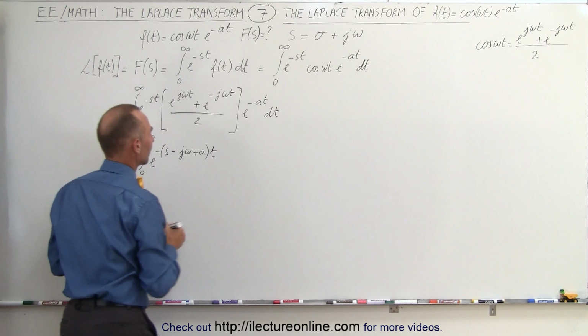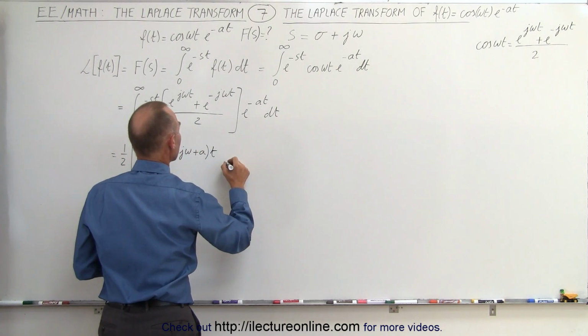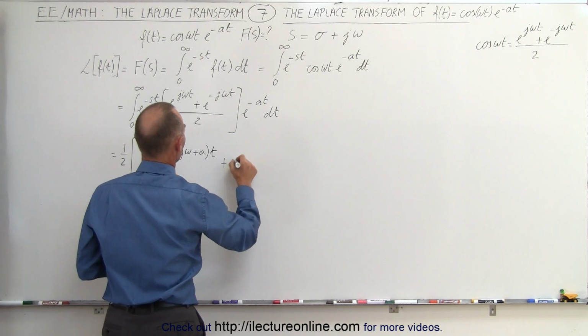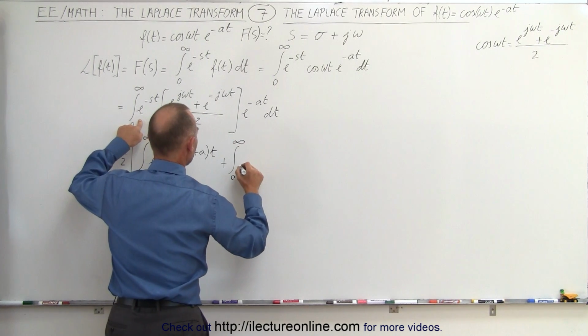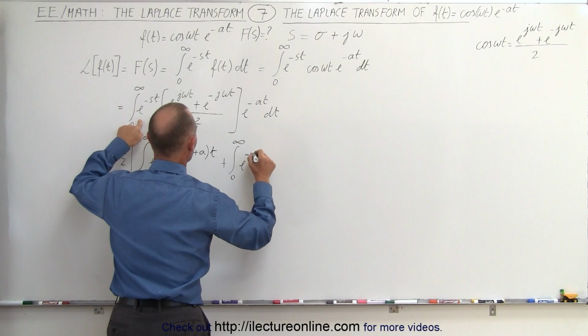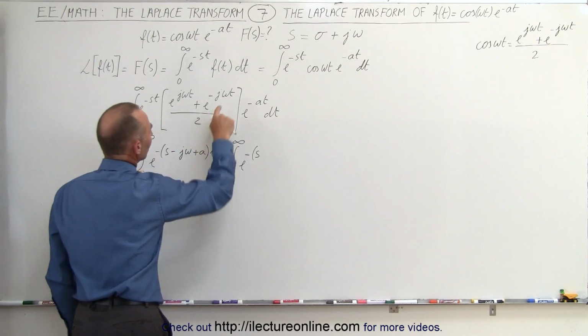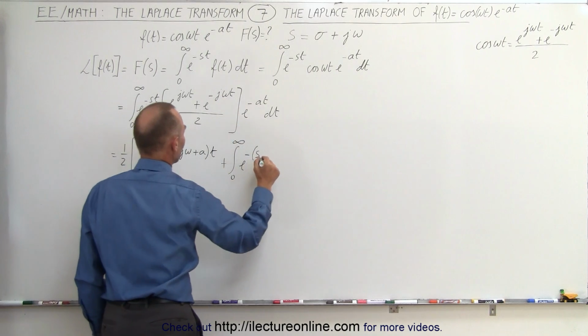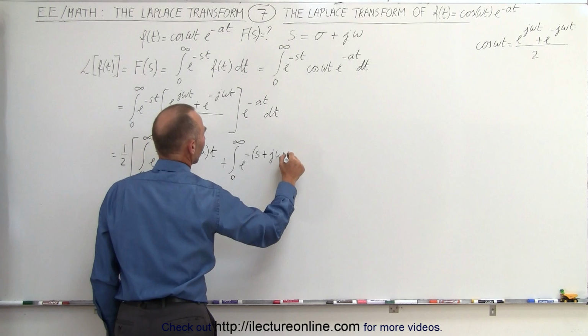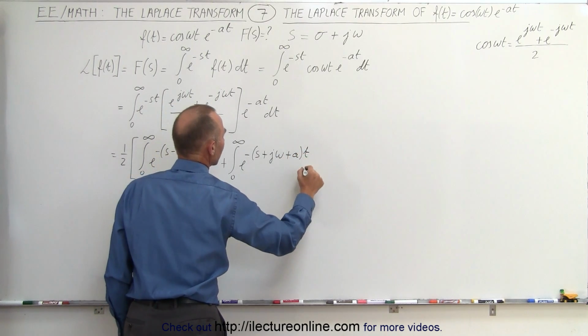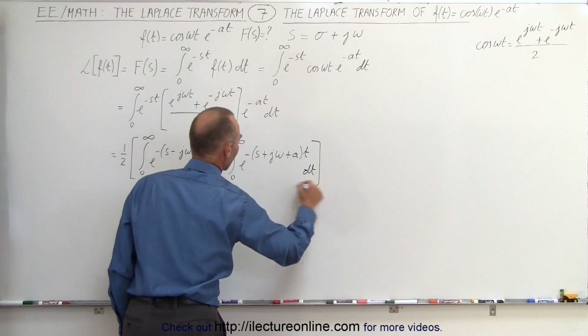So that looks good. And then there will be plus a second integral from 0 to infinity of e to the minus s. Now we'll take this one here, so that means that this needs to be plus j omega, and then plus a times t dt, and close brackets.